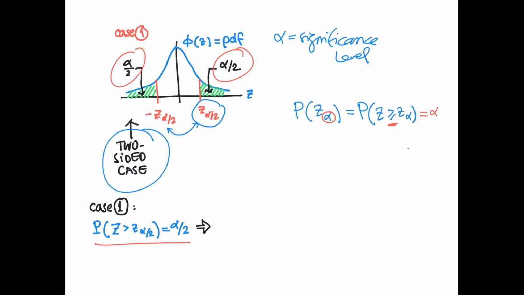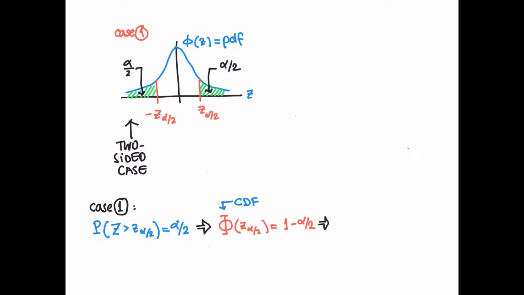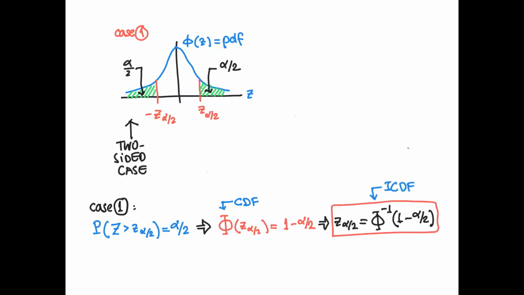And so if we have that case, we look for z sub alpha over 2 by having a probability equal to 1 minus alpha over 2, and we take the inverse cumulative distribution of the standard normal. By the way, for the standard normal, typically the PDF is referred to as lowercase phi of z, and so the CDF is uppercase phi of z.